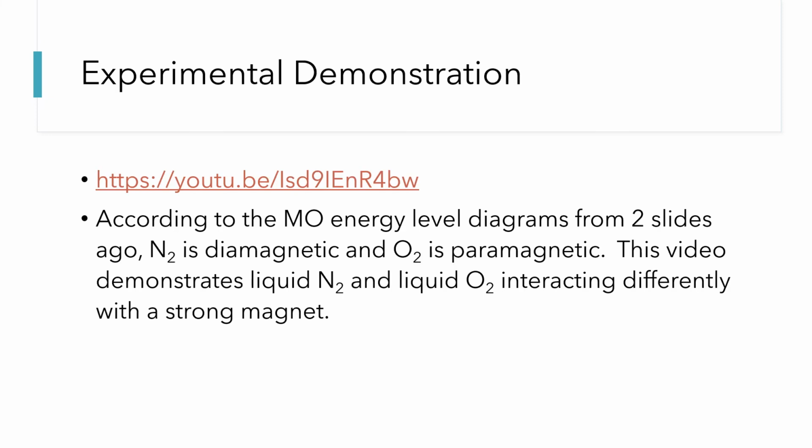All right, so here is the link to the video on this experimental demonstration of nitrogen being diamagnetic and oxygen being paramagnetic. Particularly the oxygen part, I think, is really a bizarre thing to watch.